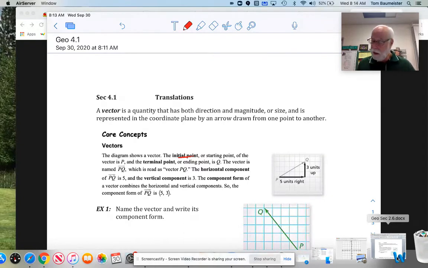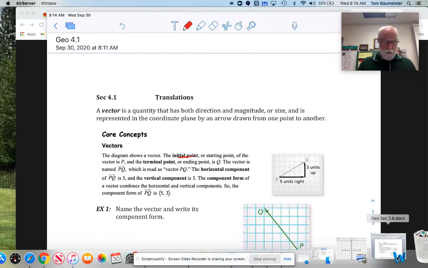So look, it looks like it's a ray or a line segment. This one looks like it's a line segment. And the horizontal component is how many units it takes to go from the initial point to the terminal point.